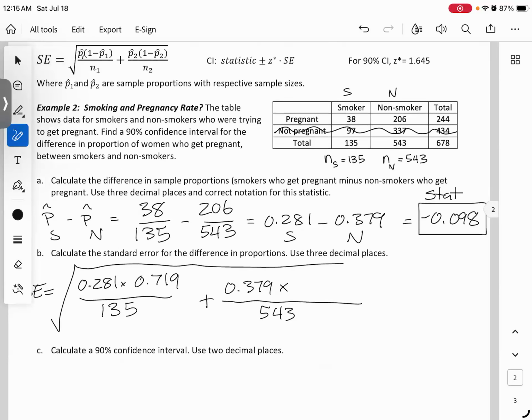So again, I'd recommend just off to the side doing the little subtractions to get your complements. That way it's a little bit easier for your calculator to digest. And again, try this one. 0.044 should be the standard error that we get.